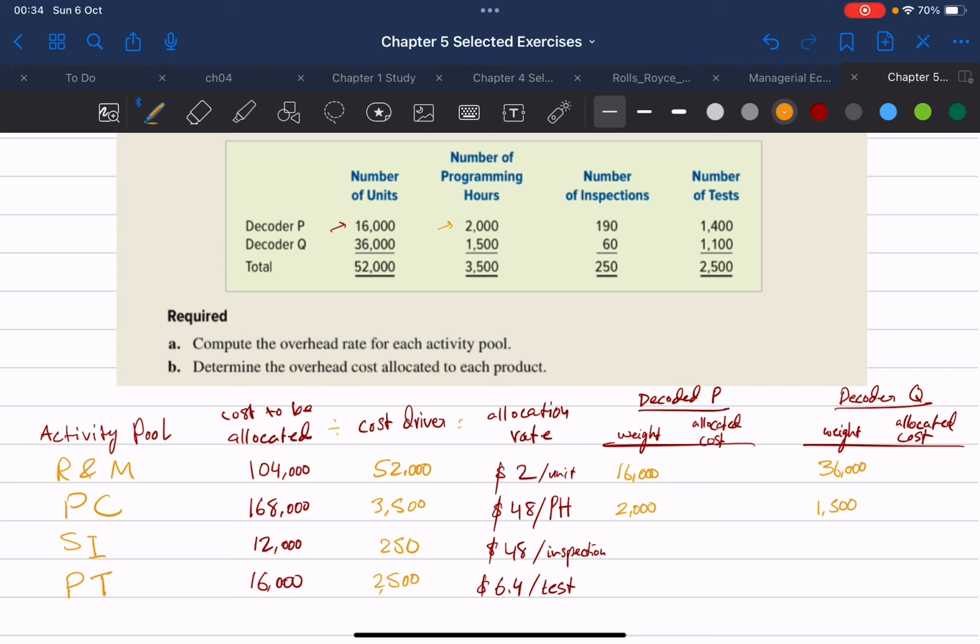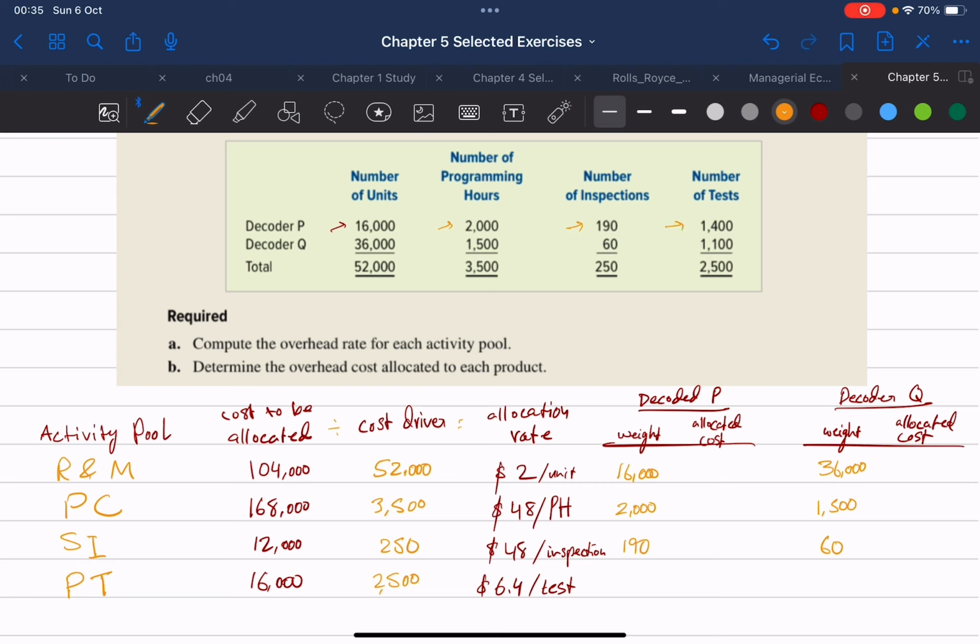Okay. For SI, we used number of inspections. The decoder P was responsible for 190 inspections. So that's going to be its weight. And decoder Q was responsible for only 60 inspections. And finally, for PT, we used the number of tests as our cost driver.